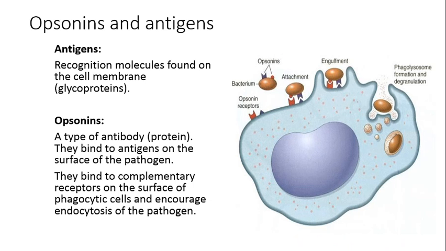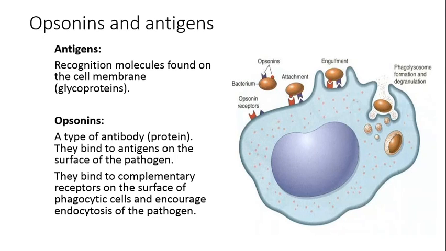With the opsonins then, the opsonins have got two binding sites. So they've got the antigen binding site that we mentioned at the beginning of the lesson when we looked at the structure, but they've also got a binding site that is complementary to receptor sites on the macrophages.